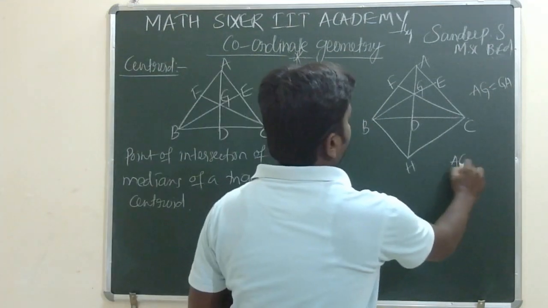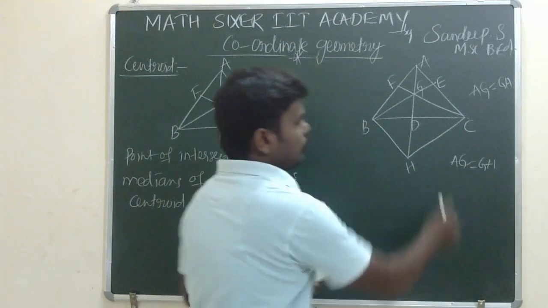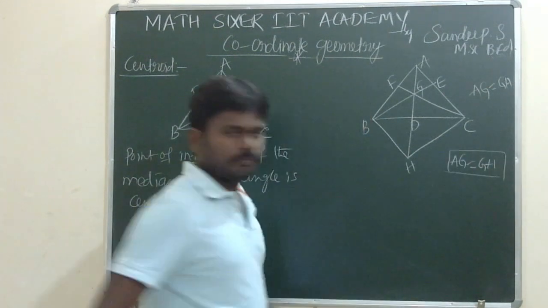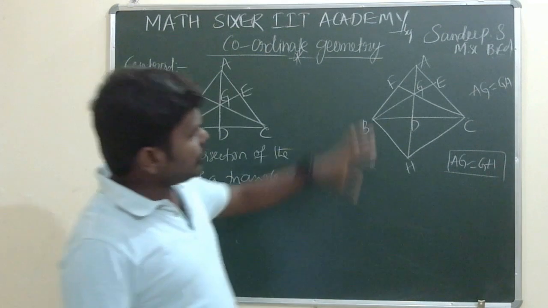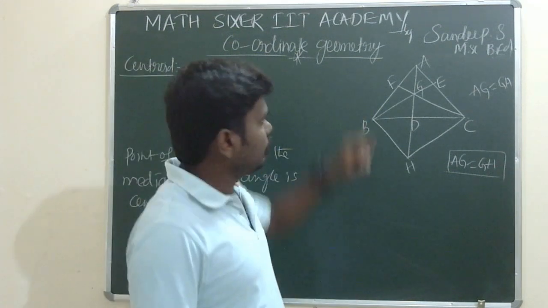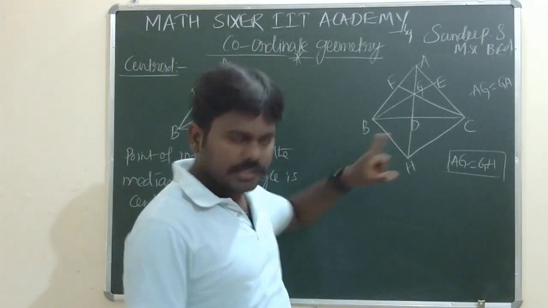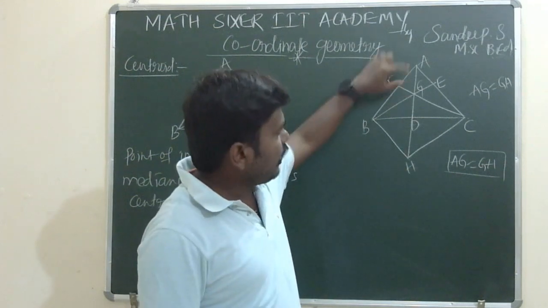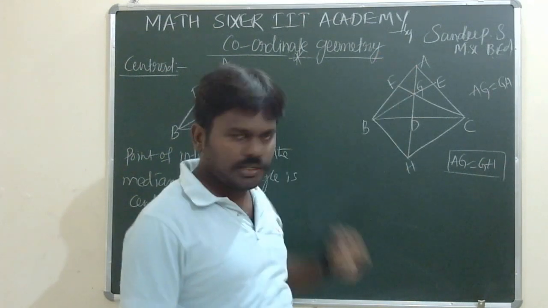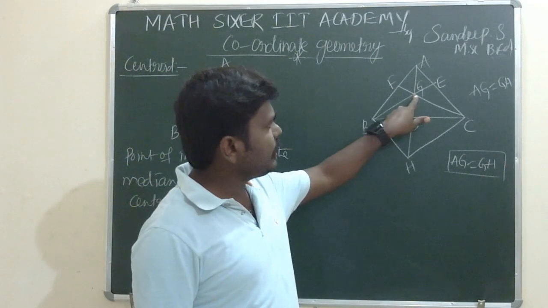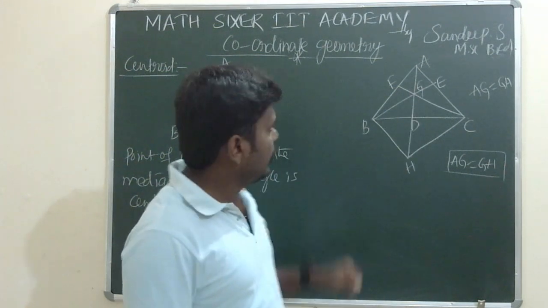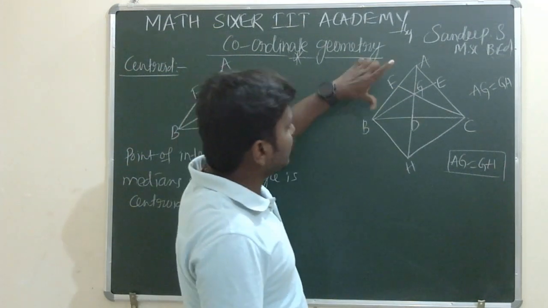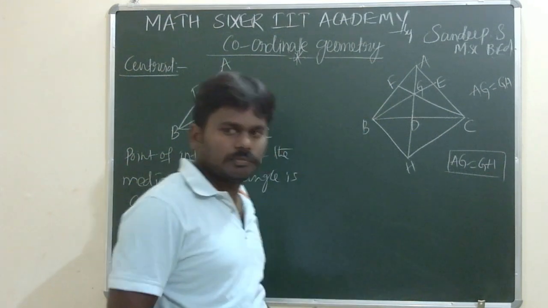Here we have taken AG equal to GH. This is an important point. So when you look at the diagram, AH is the line segment and AG is equal to GH, that means G is the midpoint, and F is the midpoint of the side AB.